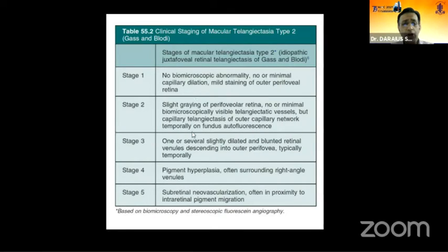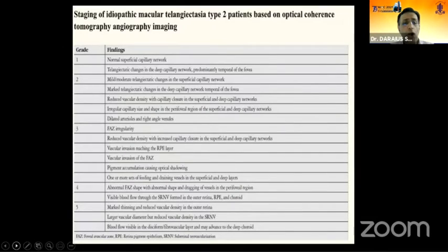You can see initially there are not too many changes, but as you go down to stage 5, you are seeing the SRNVM. This was an OCTA based classification, also similar, except a little difference in that they've noted the SRNVM to be in stage 4.